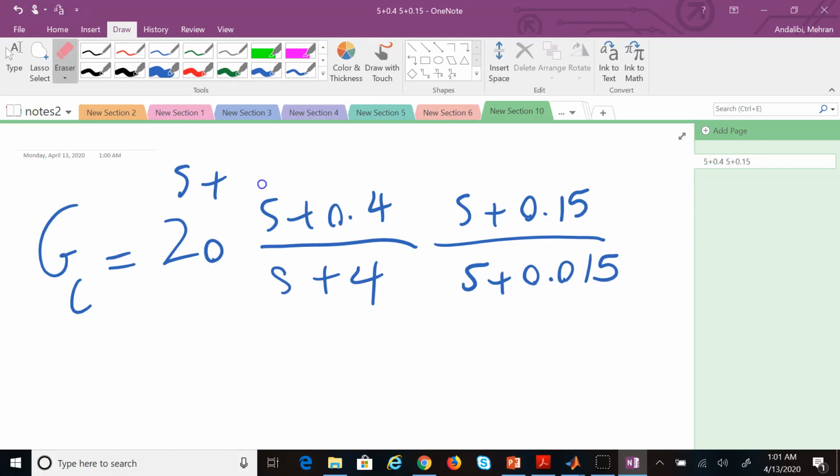Don't know what's going on with my pen, but this is my compensator, and now I can multiply this by G, and now I can look at my new phase margin and gain margin. I leave this portion for you to do. So multiply GC by G.